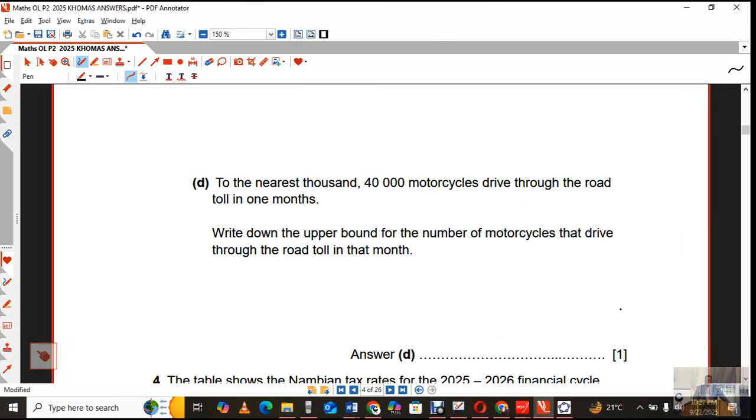They say to the nearest 1,000. The moment you have something like that, nearest 1,000, whatever comes after the word nearest, you take that and divide it by 2. So you have 500. And they are also asking you for the upper bound. So it's very simple then.